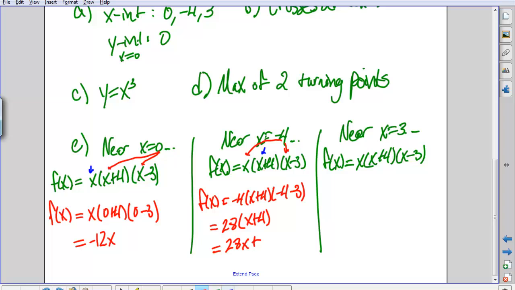So I get 28x plus 112. For that one, that's a steep positive slope. It's kind of the main thing you can take away from that.